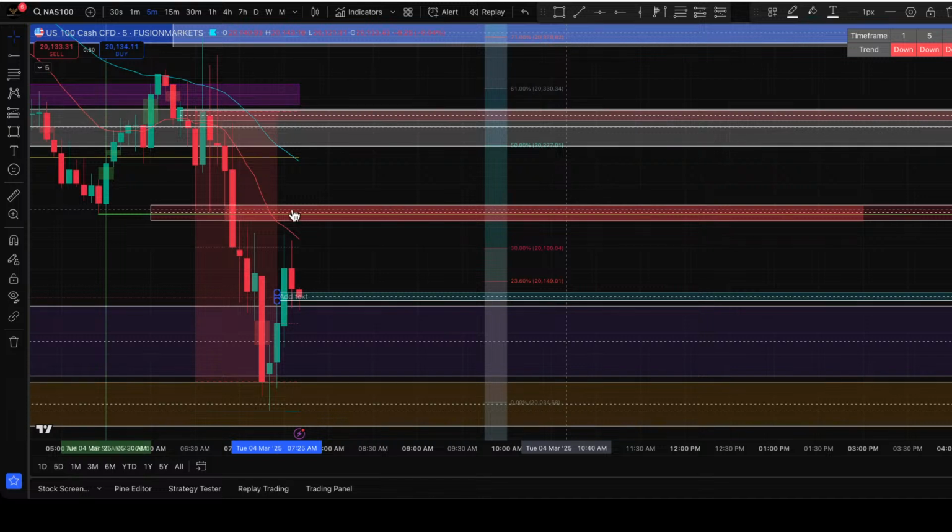We will not get past this, but we'll see. 20 minutes to 11. As mentioned before, I'm not interested in taking a buy. I'm waiting for that confirmation, retracement, and extension.